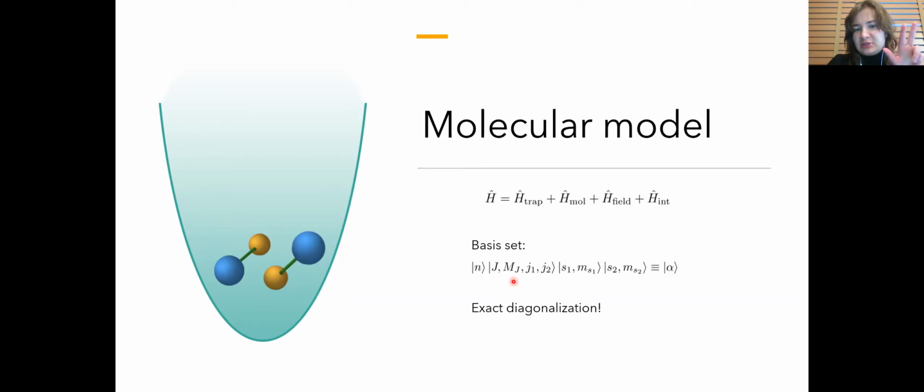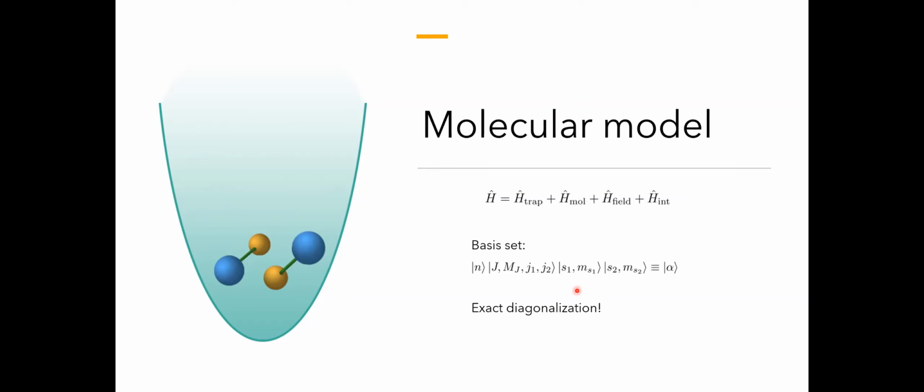We have the projection of this total rotational momentum, M_J. And so far, for these anisotropic energy spectra, we have just these five quantum numbers. But when I move to magnetic properties and quench dynamics, we'll also get the spin of each molecule plus the projection of each electronic total spin.